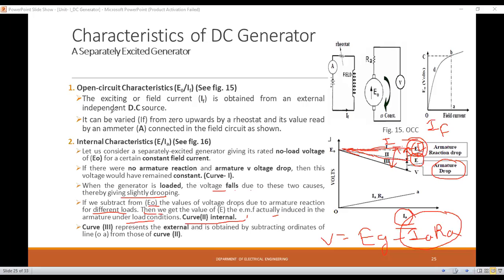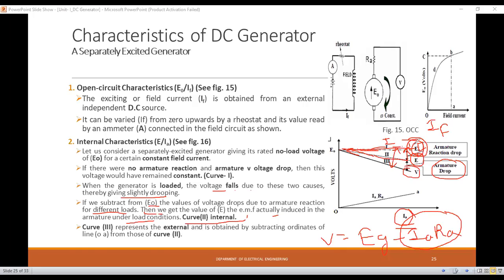Curve 2 मधून जर armature drop आपण subtract केला तर आपल्याला terminal voltage V versus armature current I characteristics मिळेल. So these are the characteristics of the separately excited DC generator. This is the internal characteristics, and also here the external characteristics can be shown.